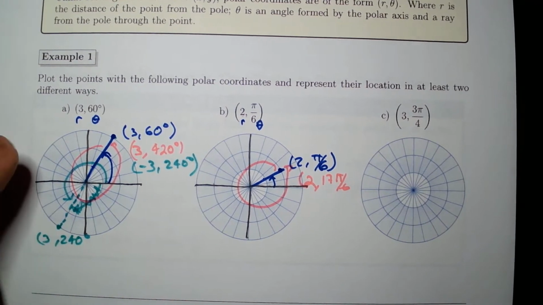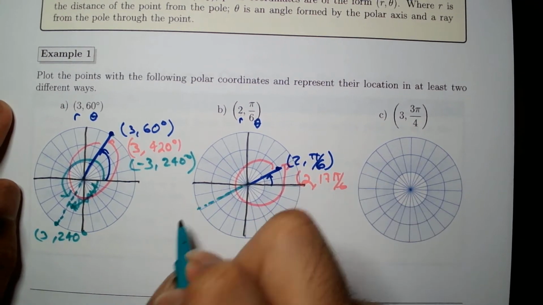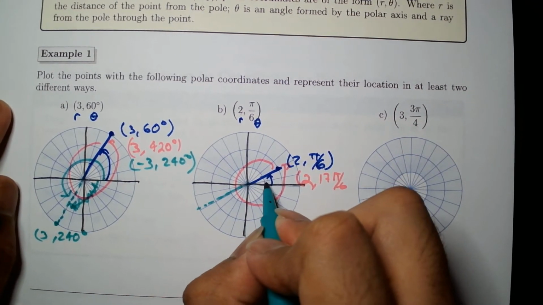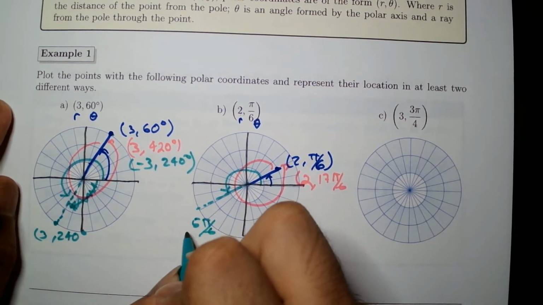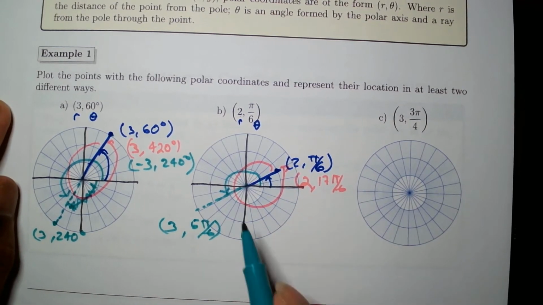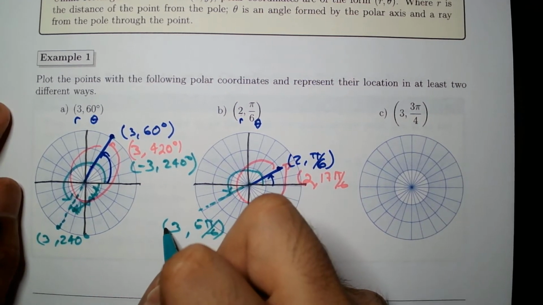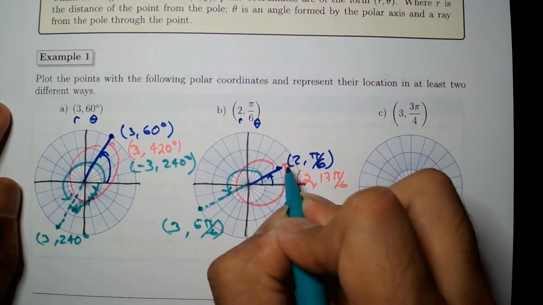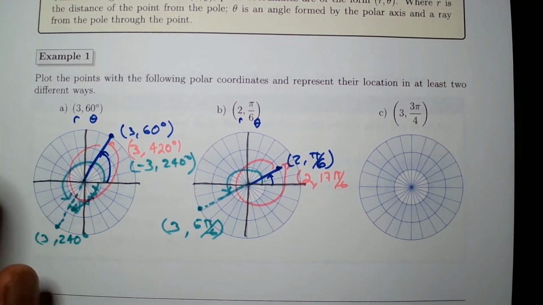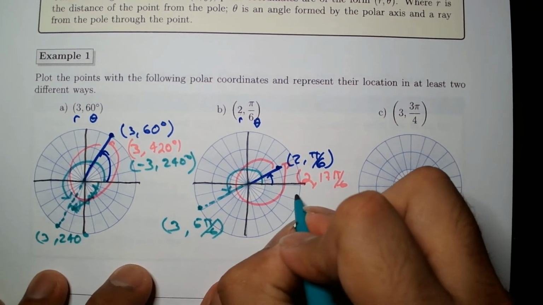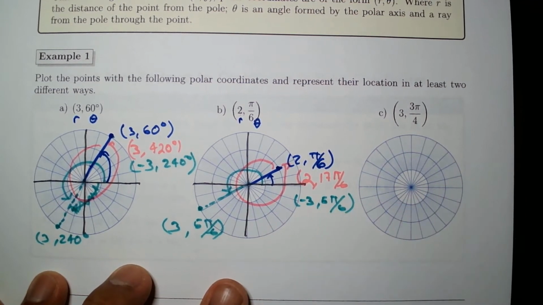Another way is to extend it over here, but the angle from here to there would be 5 pi over 6 with a radius of 3. However, the location is not the same as this one right here. So if we change the sign of the radius, we can have it back in the first quadrant. So we need to express this one as negative 3, 5 pi over 6.